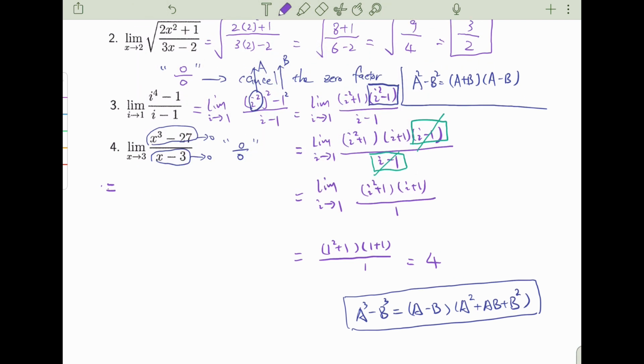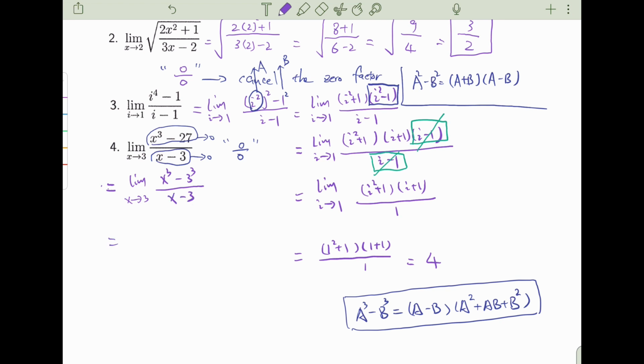And now I have this x cubed and this 27, which can be viewed as 3 cubed, right? And now x minus 3.